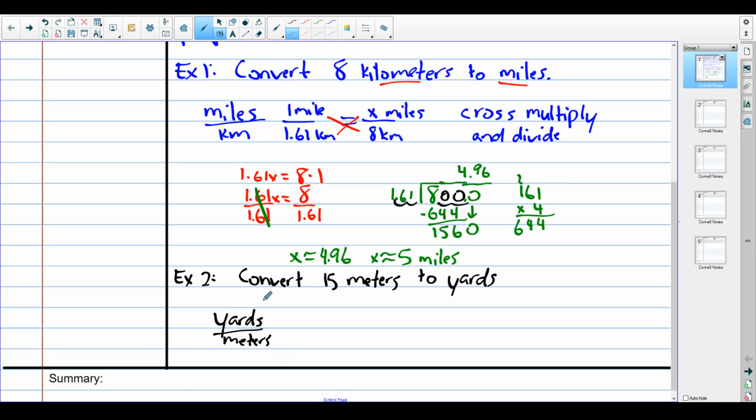Then the rate, if we look at our table, it says 1 yard is equivalent to 0.91 meters is equal to, and then we want 15 meters, so we put that down on the bottom, over X number of yards. So then same thing as before, we're going to cross multiply and divide.